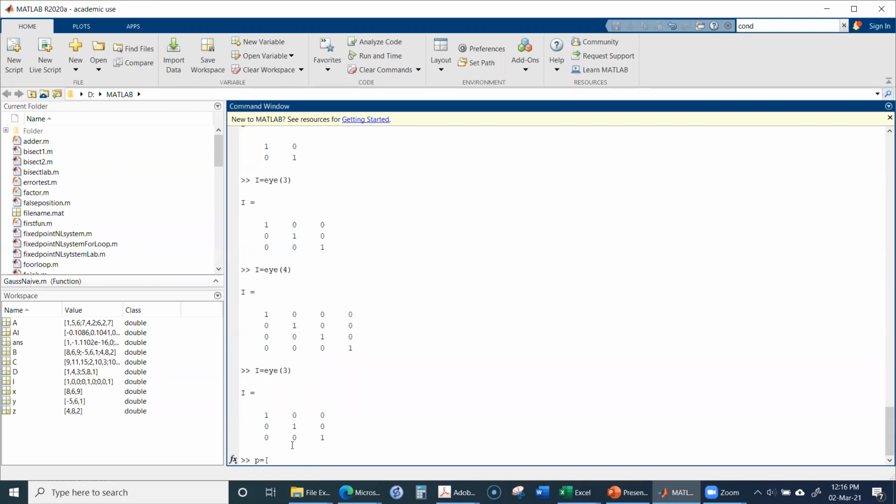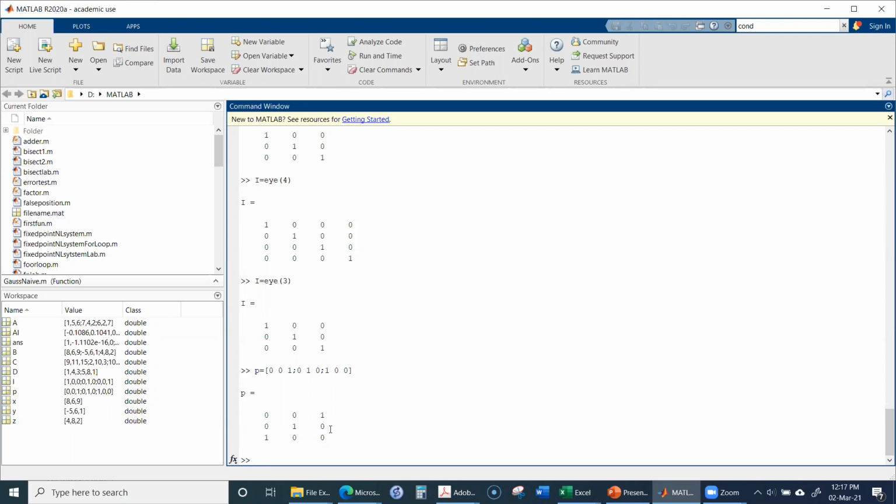So the first row will be 0 0 1, the second row will be the same, 0 1 0, and the third row will be 1 0 0. So in this case, I get this matrix P in which the first and the third row of the identity matrix have been interchanged.